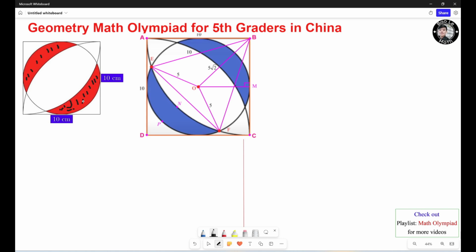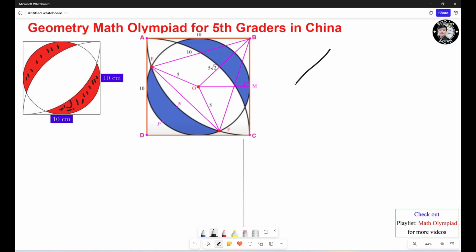Note that these geometry problems are only for 5th graders, so I don't know if 5th graders learn the law of sine or law of cosine, but in the United States, students normally learn them in Algebra 2 or precalculus.